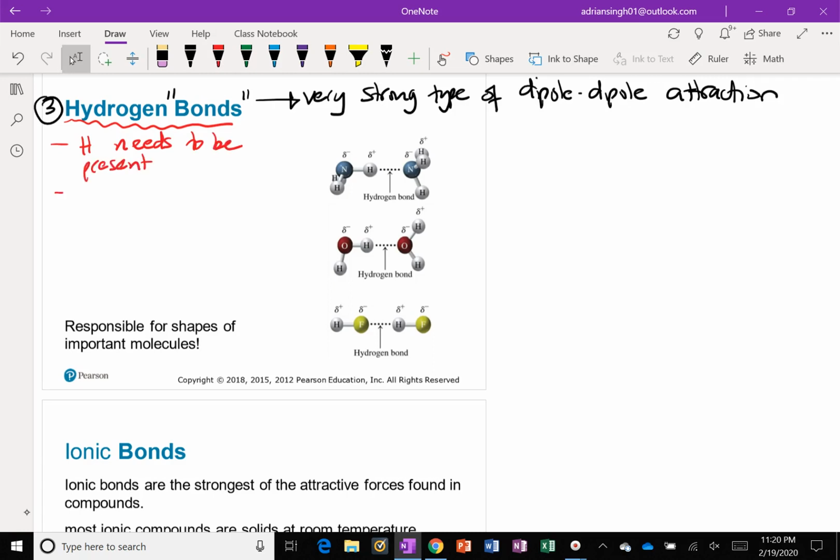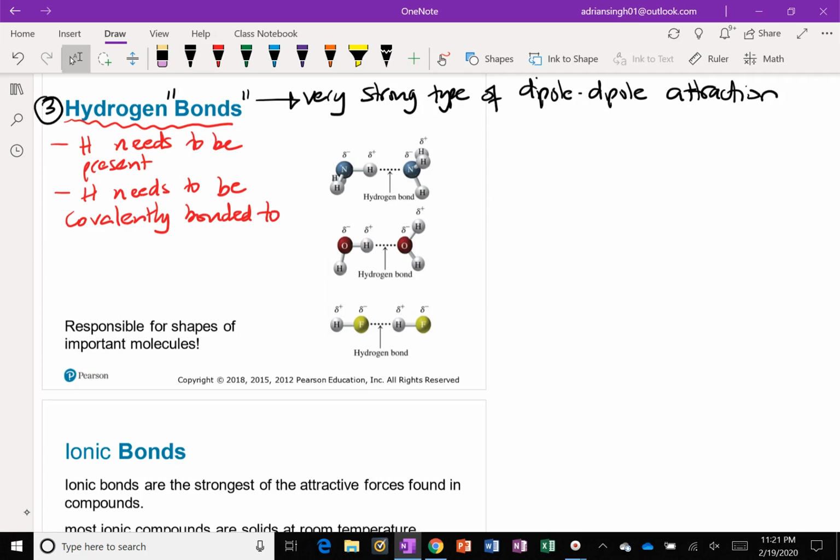And secondly, that hydrogen needs to be covalently bonded to a very electronegative element.